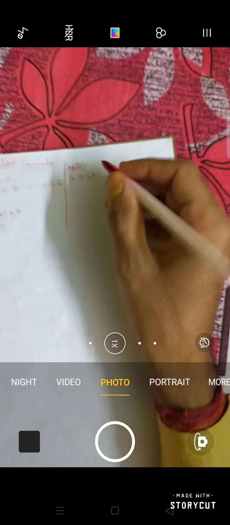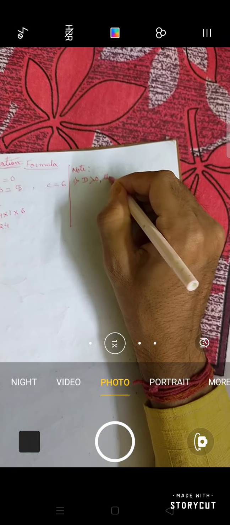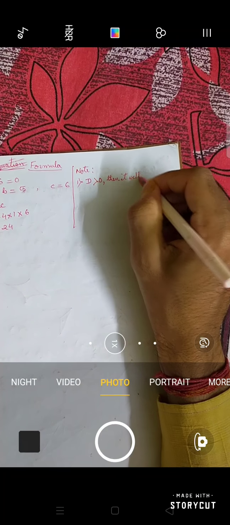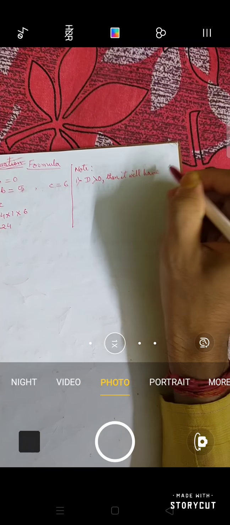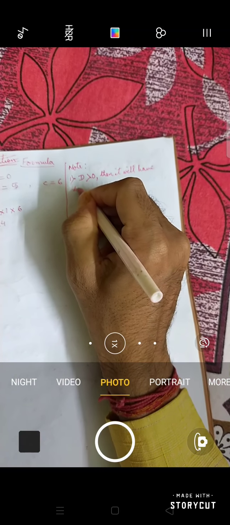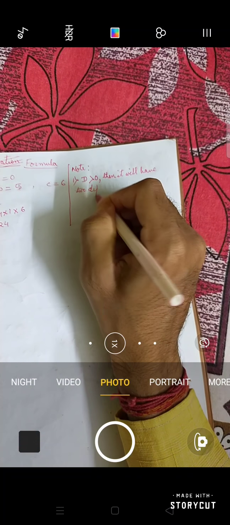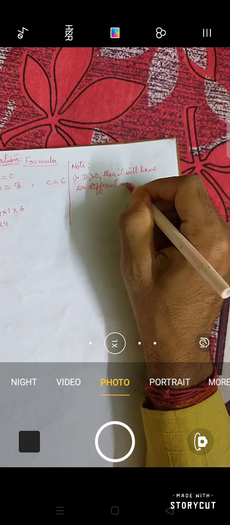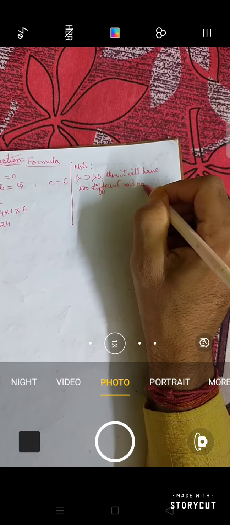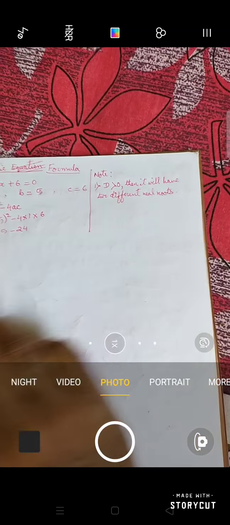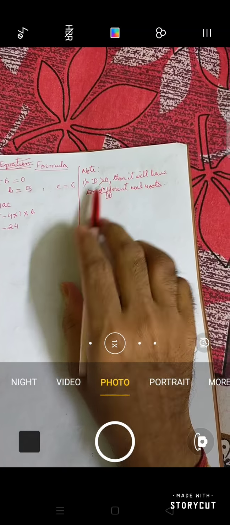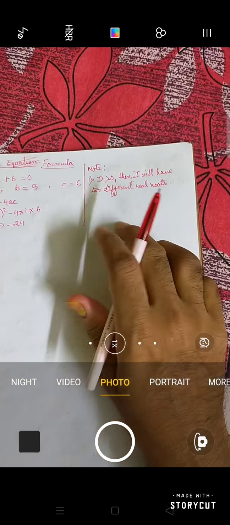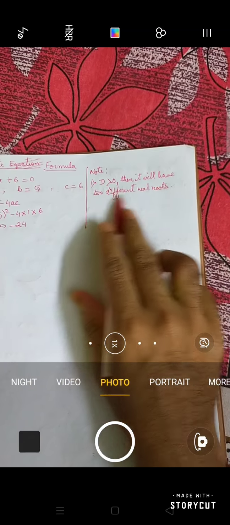D is greater than 0, then it will have two different real roots. Whenever D is greater than 0, that means if you are getting 1, 2, 3, 4, 5, whatever, then you will have two roots and both will be different.